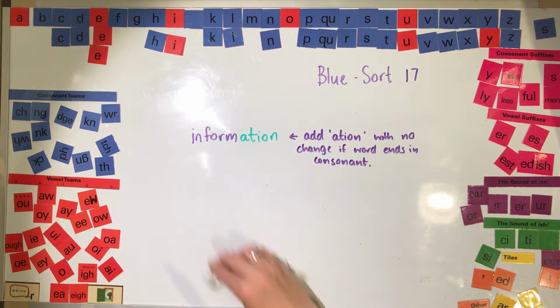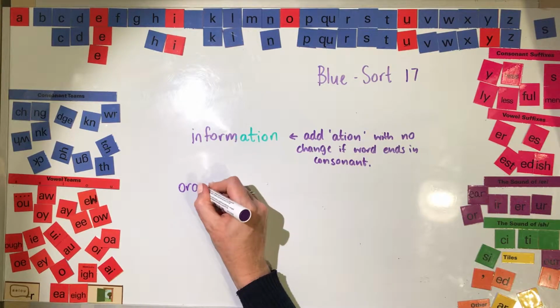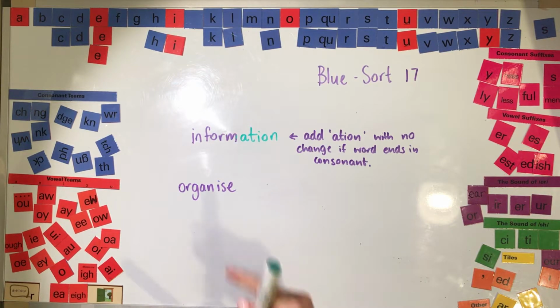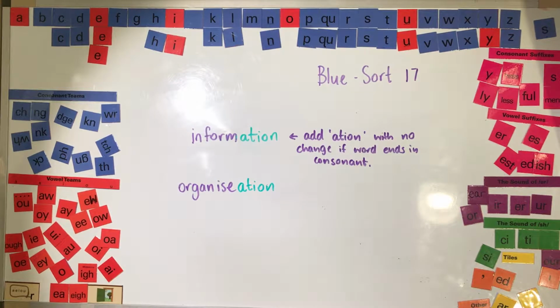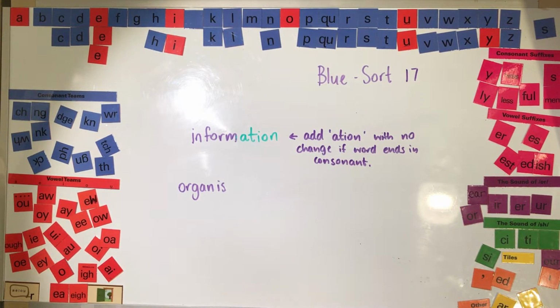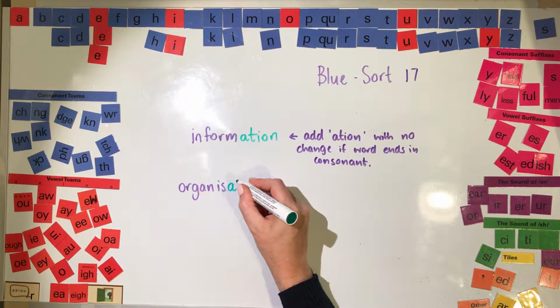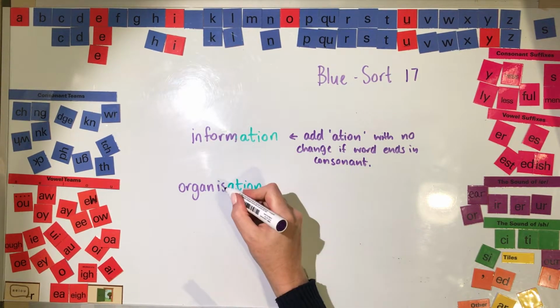Let's just spread these out a bit more. Okay. Organize. Now, I want to add ation to this word too, but what am I going to have to do to that word to make it look right? Hopefully, as we often have to do in words, I have to drop the E. So often with words that end in E and you have to add an ending that begins with a vowel, you have to drop the E. So suddenly that looks correct now, doesn't it?